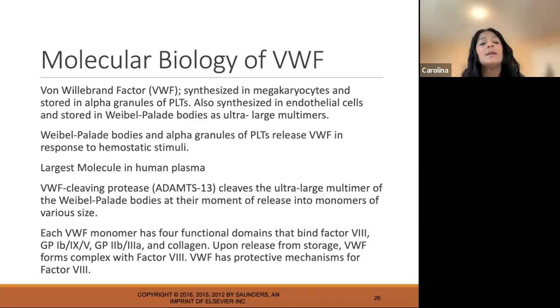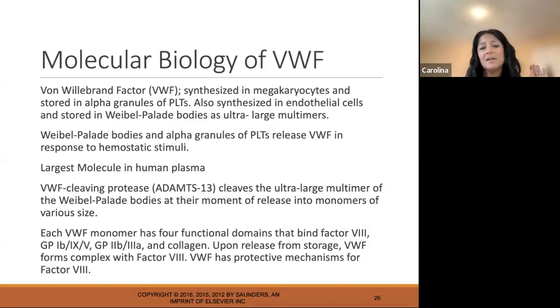So there is a protease called ADAMTS13, ADAMS 13, you could call it. This is a von Willebrand cleaving protease. It comes in and cleaves the ultra large multimers of the Weibel-Palade bodies at their moment of release into monomers of various sizes, because you can't really have von Willebrand circulating as this large molecule, right?